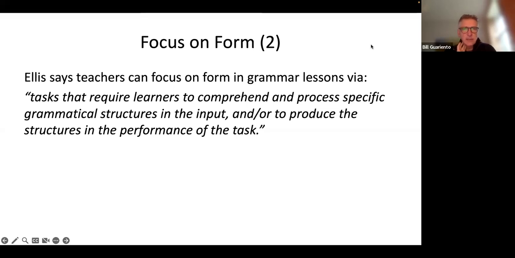Again, Ellis says that teachers can focus on form in grammar lessons in another way, via tasks that require learners to comprehend and process specific grammatical structures in the input and or to produce the structures in the performance of the task. So here's a question for you.